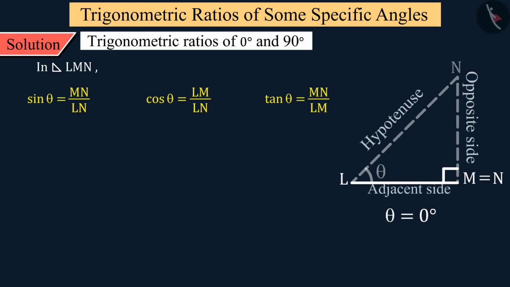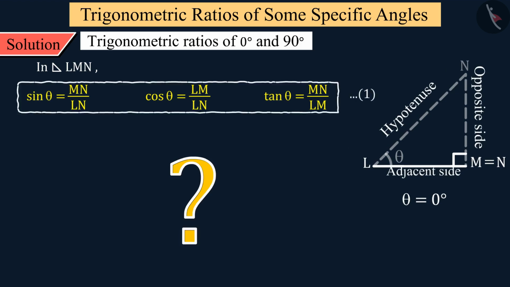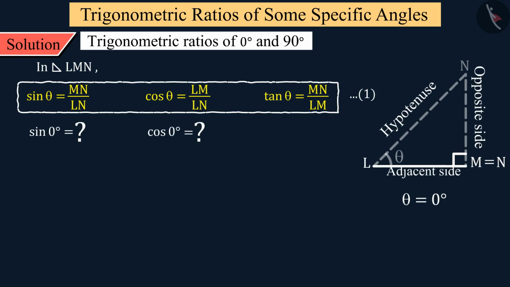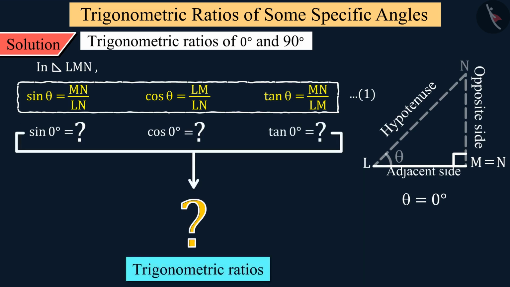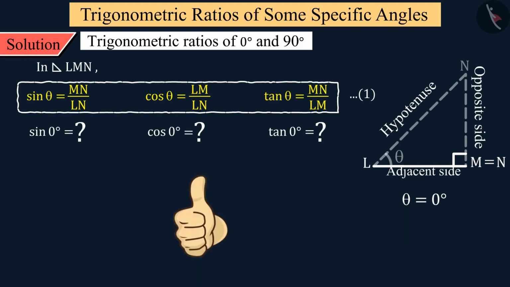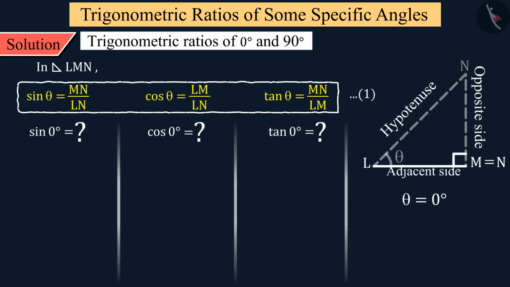Then, can you tell what will be the value of sine 0 degrees, cos 0 degrees and tan 0 degrees in this condition? Well done! From the above condition, we see that the value of side MN is 0 and side LN is equal to side LM.